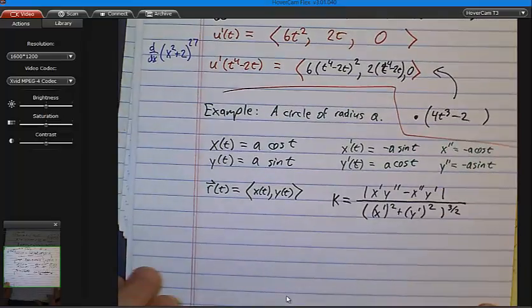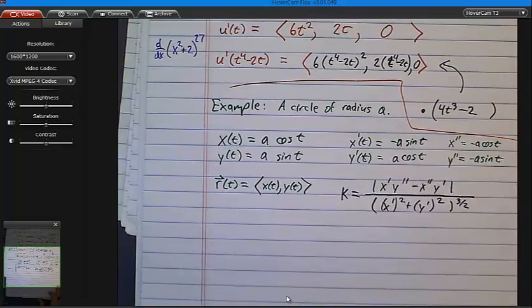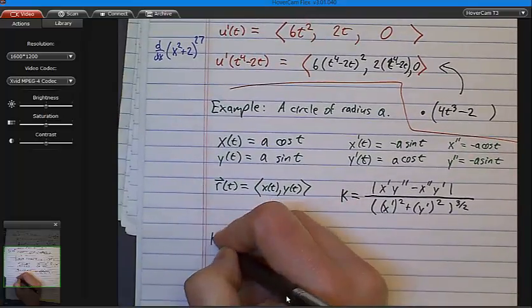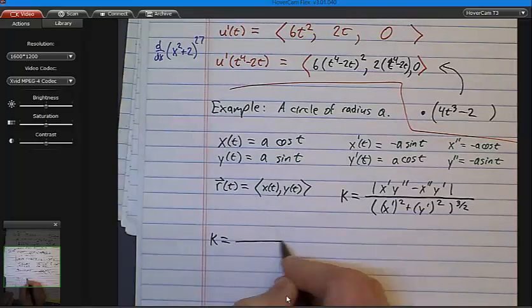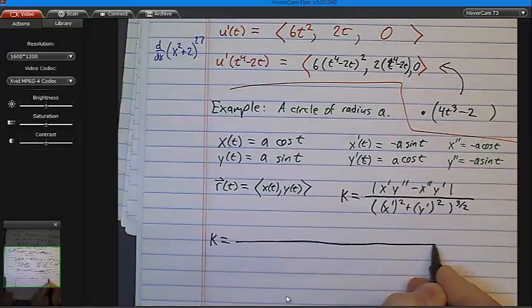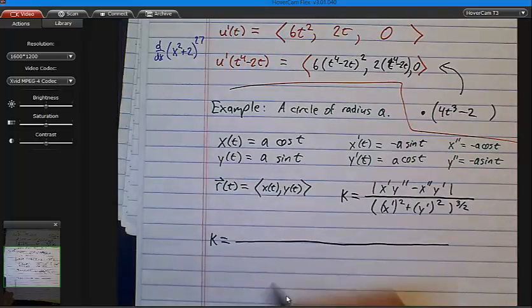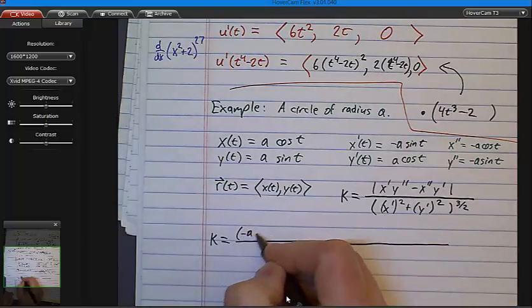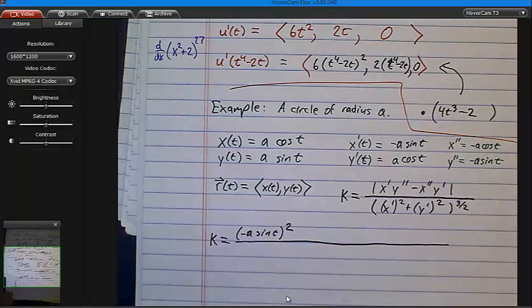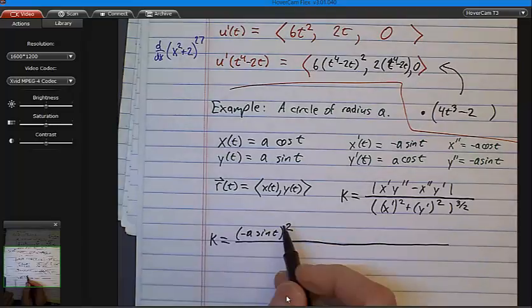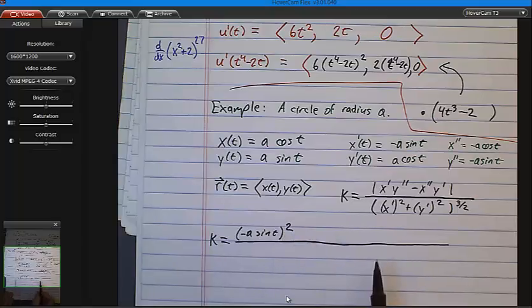Okay. Well, curvature would be a bigger fraction. So let's see, we're going to take negative a sine of t squared. Oh no, that's the denominator. Well, do you see where I got that? That's the numerator.